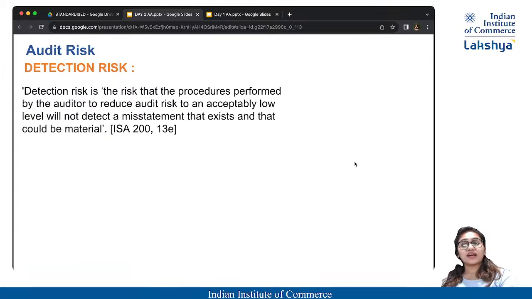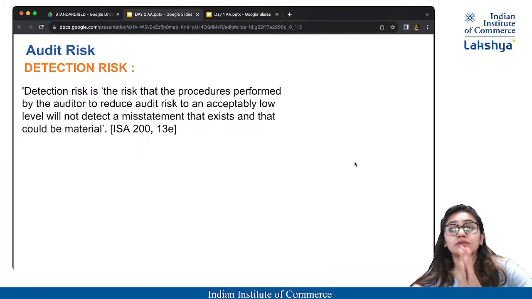And the last one we have is detection risk. As I told you, detection risk is when the procedures performed by the auditor are not able to detect a misstatement. So again, there is a misstatement which is very much in the business, but the procedures that are performed by the auditor to catch these misstatements are not appropriate enough.